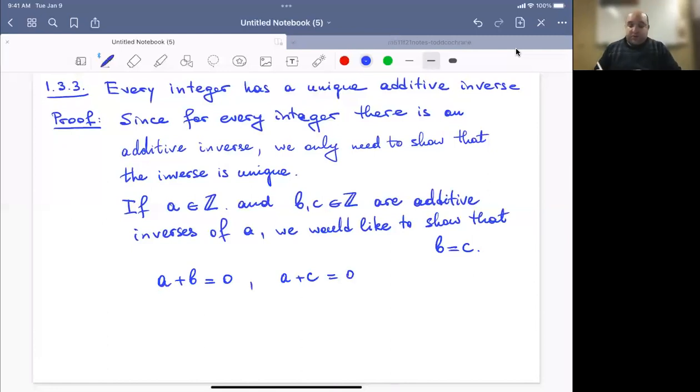So that's the property of B and C being inverses. So in particular, this means that A plus B is equal to A plus C, okay?